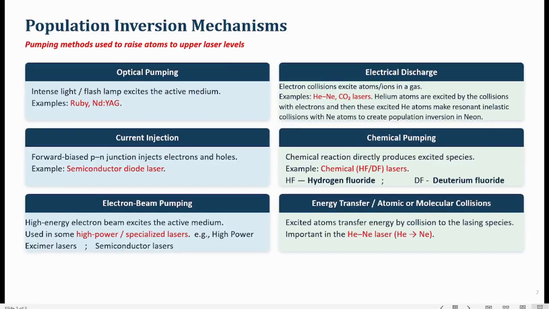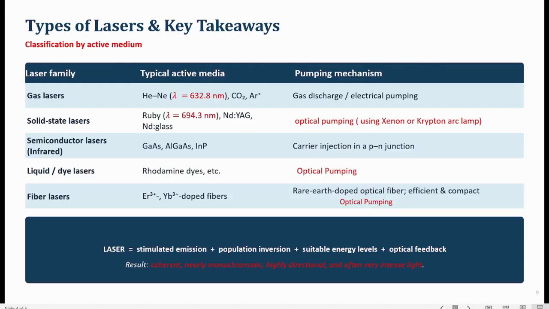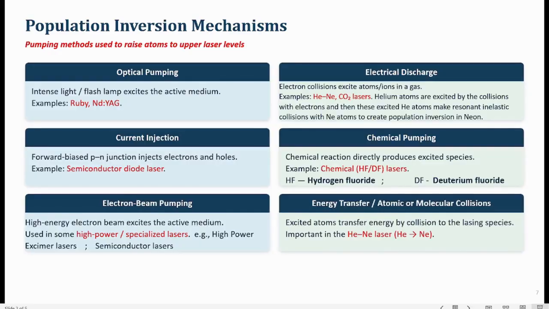Now here I have shown different types of mechanisms used for establishing the population inversion condition. These different pumping mechanisms are used for different types of lasers. In case of Ruby or Nd-YAG lasers, optical pumping is used.